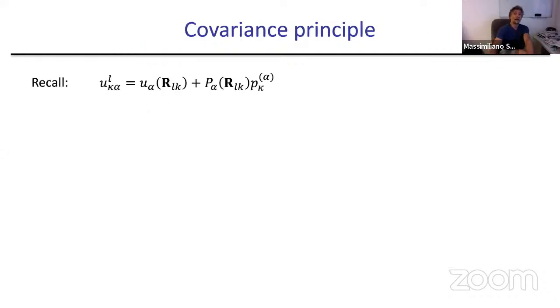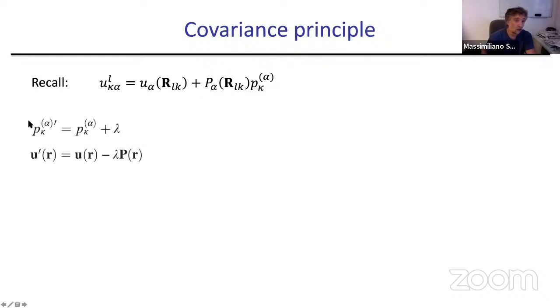So this sounds like black magic. I just added a random physical property like flexoelectricity, and I got some exact invariance of some properties of my Hamiltonian. But actually, this is just a manifestation of a more general covariance principle, which can be understood by recalling again the mapping between continuum and discrete distortions.